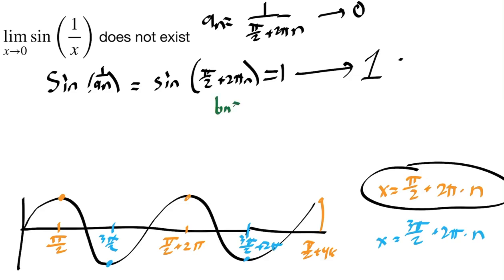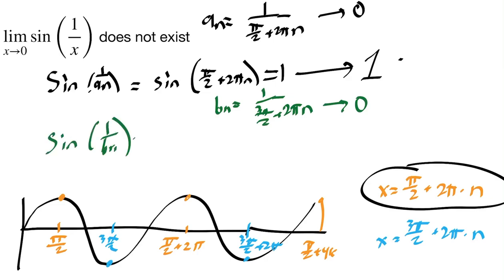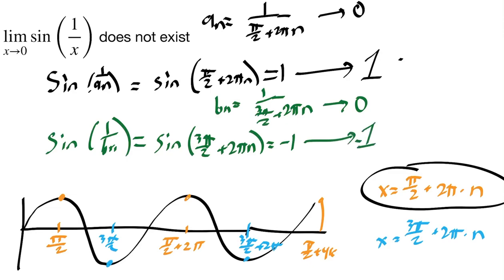Now let's look at my b_n sequence. So I will let b_n equal 1 over (3 pi over 2 plus 2 pi n). That again also converges to 0, but now sine of 1 over b_n gives you sine of 3 pi over 2 plus 2 pi n, and that is now -1, and so that definitely converges to -1.